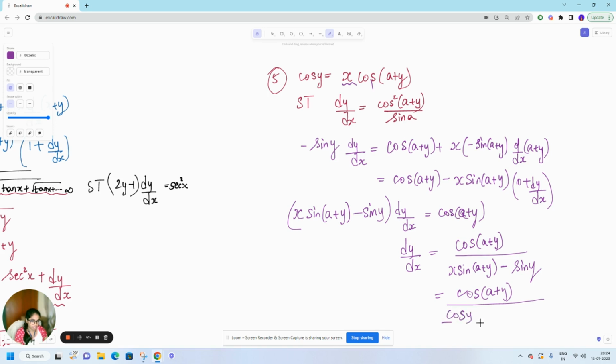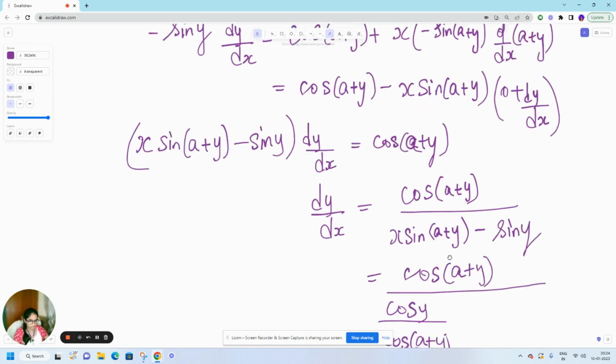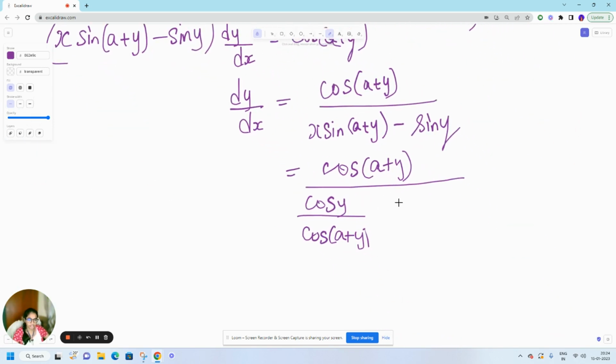Cos y divided by cos of a plus y. If I name this as equation 1, I'll just write a line here. So what is remaining? Sine of a plus y minus sine y. Let me write down from equation 1.